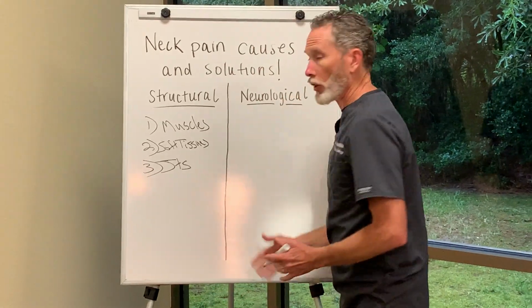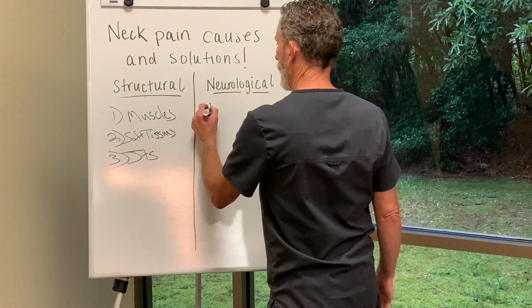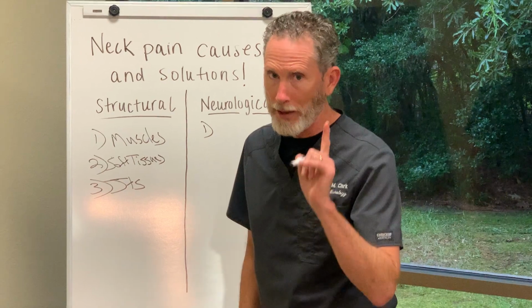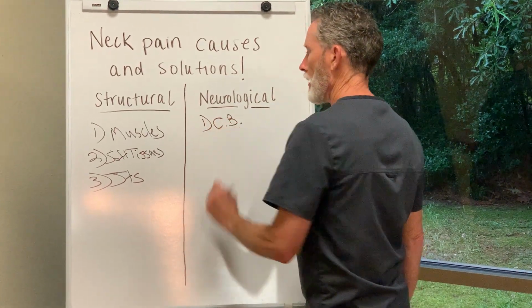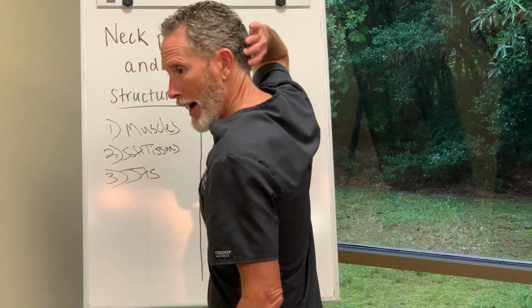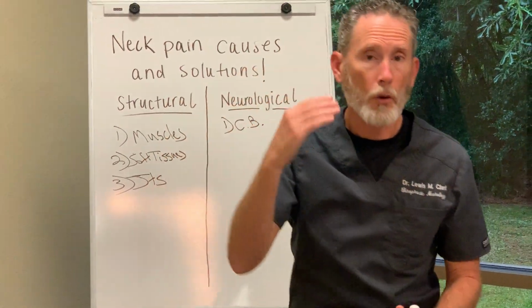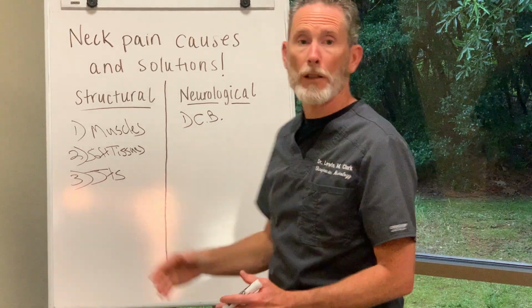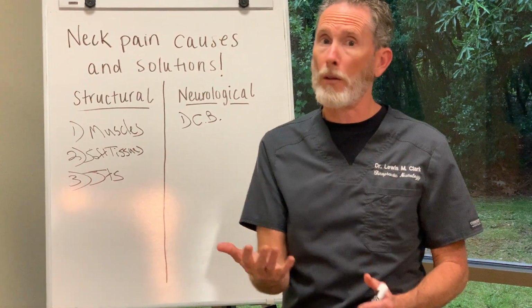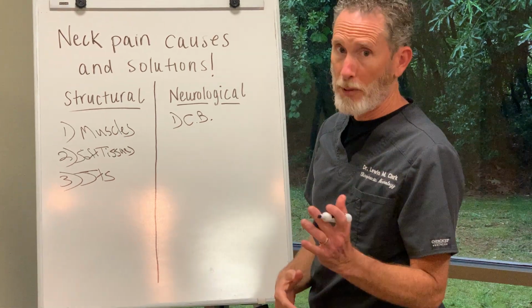Now on the neurologic side, the number one reason neurologically that people end up with neck pain is because their cerebellum, that's the part of the brain here in the back, which controls coordination, balance, posture, and all these things, is not working properly. So you could have a cerebellum problem leading to your neck pain.